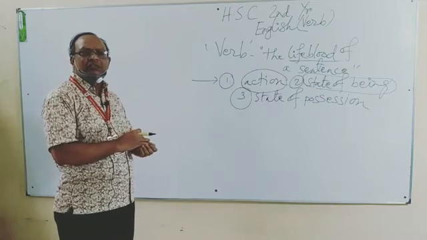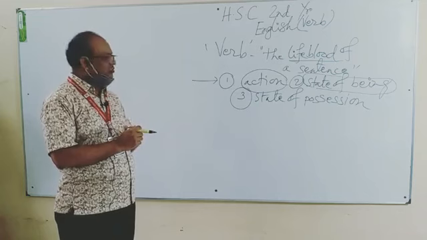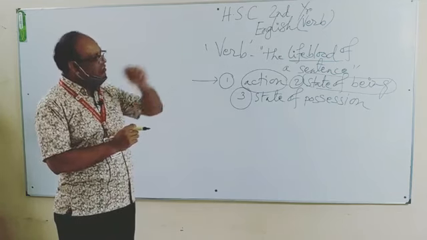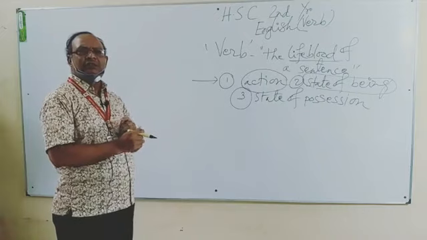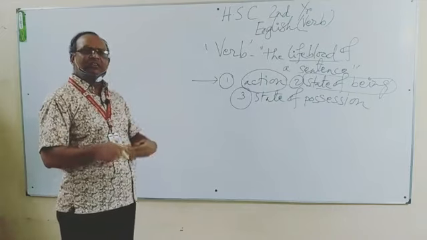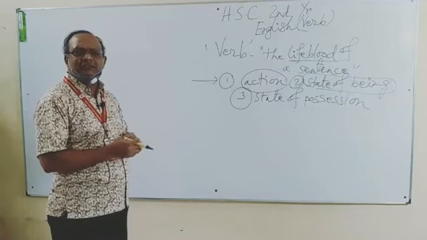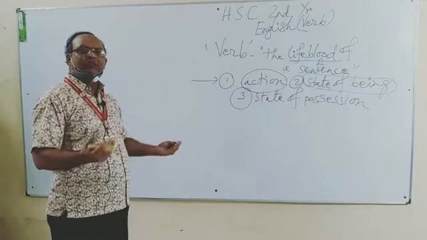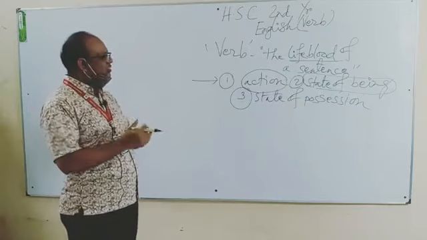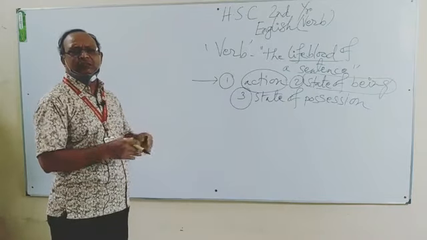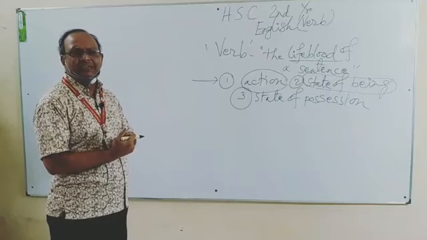Here are does not denote any action, but it indicates a state of being. That means what kind of person, what kind of thing, what kind of being someone is. It may be about a place, it may be about a concept. So, verb includes the statement of a state of being.